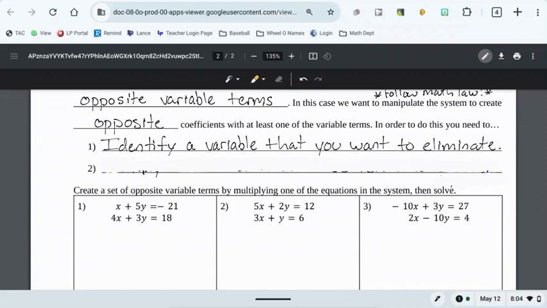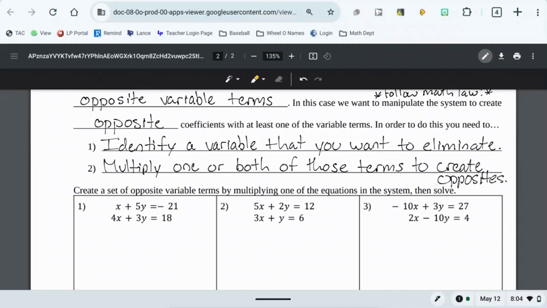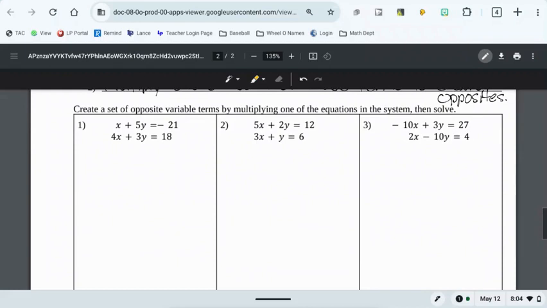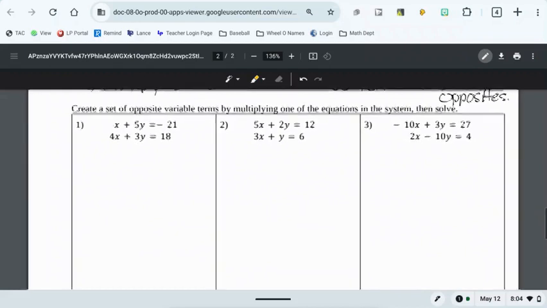So you're going to have to make that choice, but we have to take a closer look at the equations. And then step 2, multiply one or both of the terms to create opposites. So create a set of opposite variable terms by multiplying one of the equations in the system, then solve.